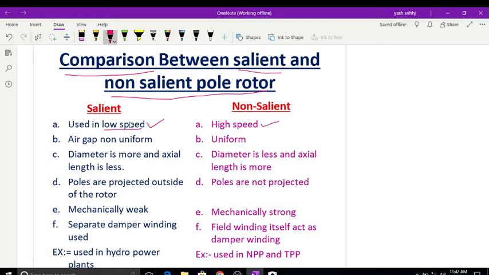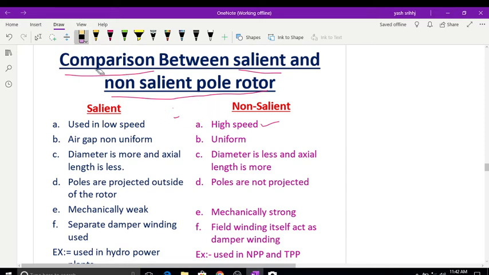The salient pole is for low speed because the poles are projected outside like this. If you use it for high speeds, due to centrifugal action these poles produce vibrations. That's why these rotors are used for low speed.